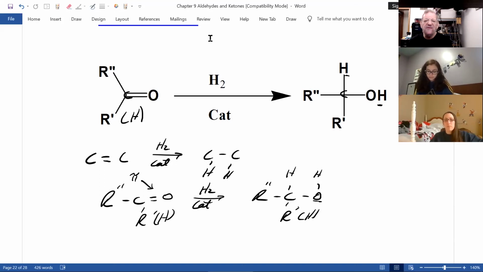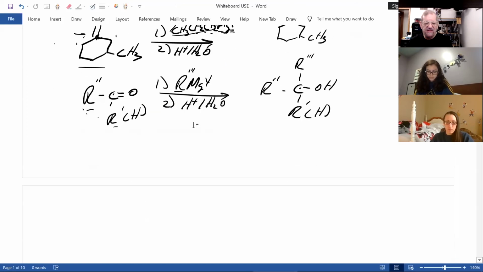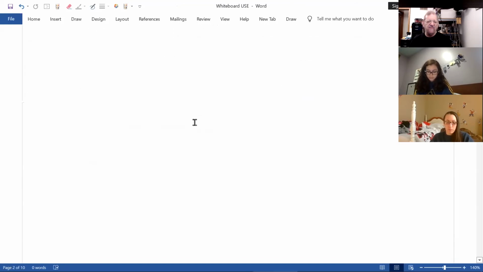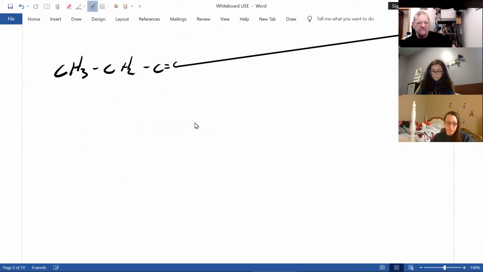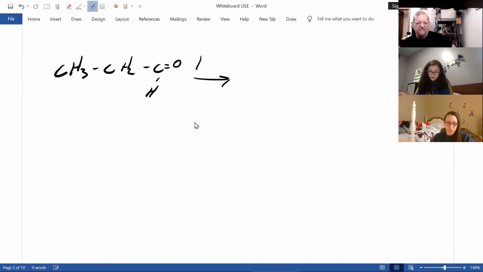So if I go over to my whiteboard, if I look at this molecule, what's different?